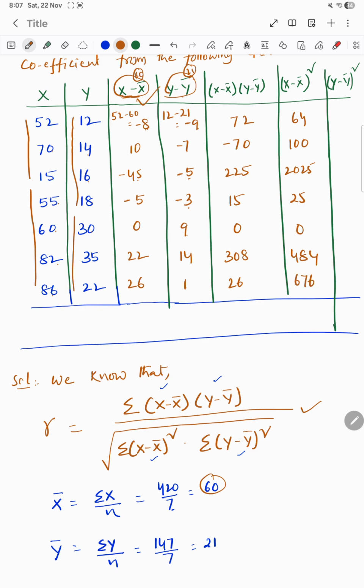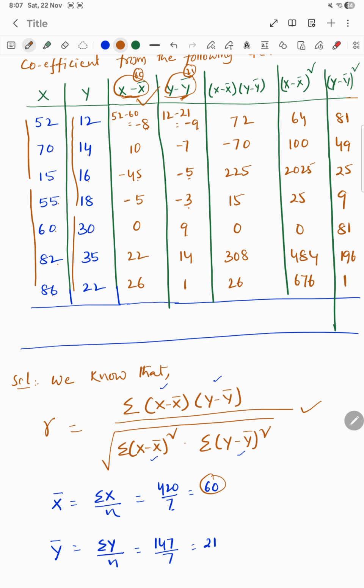Similarly, (y minus y bar) square we require. So minus 9 square, 81. Minus 7 square, 49. Minus 5 square, 25. Minus 3 square, 9. 9 square, 81. Next 14 square, 196. And 1 square means 1.